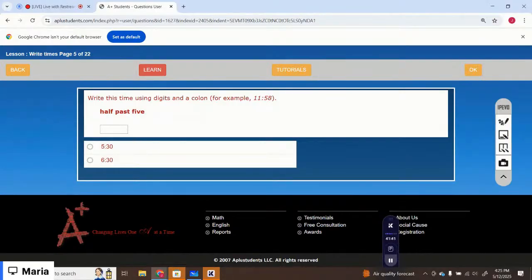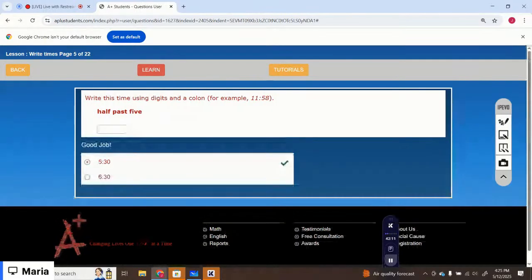Write this time using digits and a colon. 5:30. So which is the correct option? The correct option is 5:30. That would be 5:30. Option number one is the correct option.